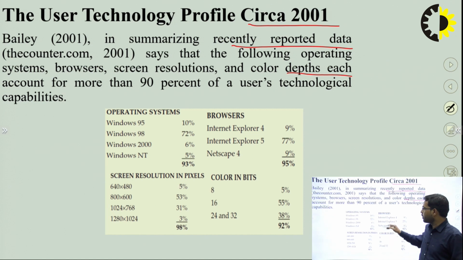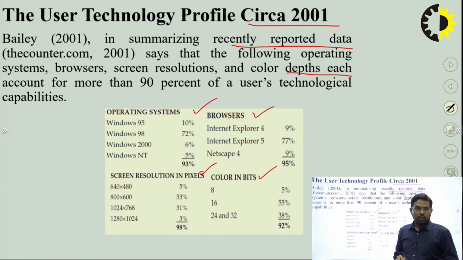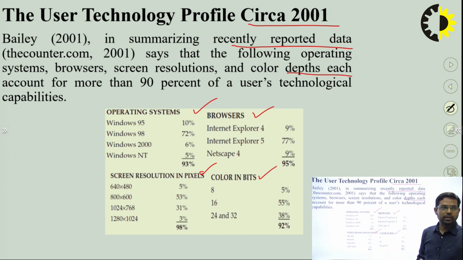So that is the survey used for the operating system, browser, screen resolution and colors and bits. Windows 95 10%, 98 72%, 2000 6%, NT 5%. Different browsers are there, screen resolutions are there and color and bits are there.